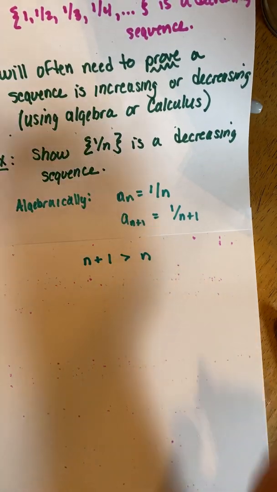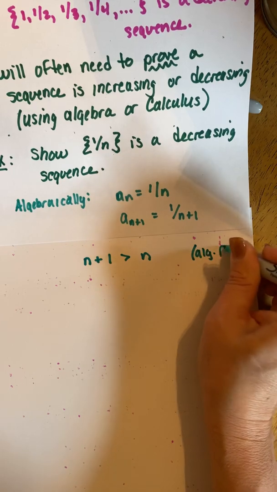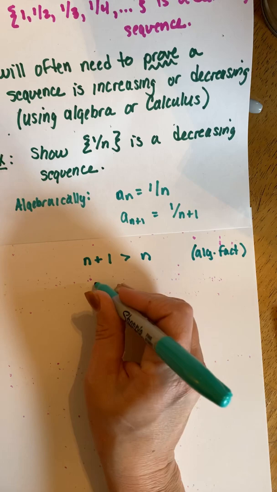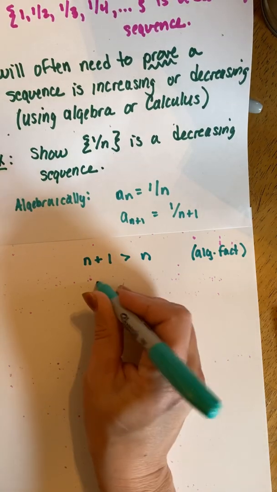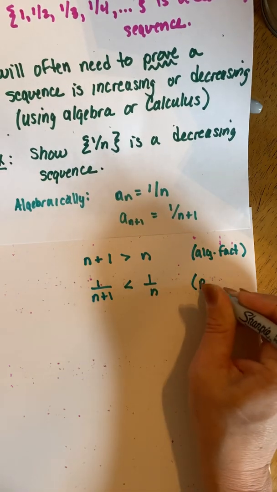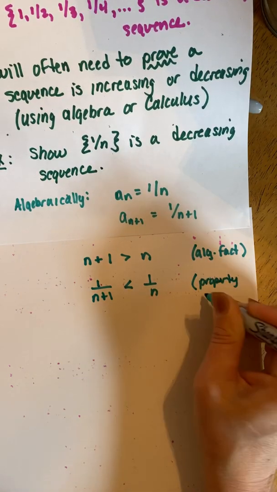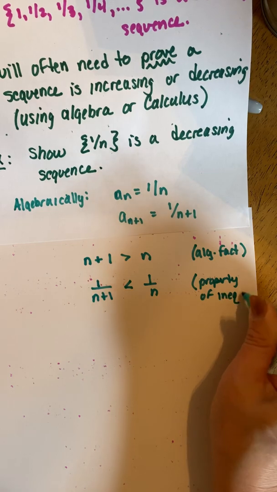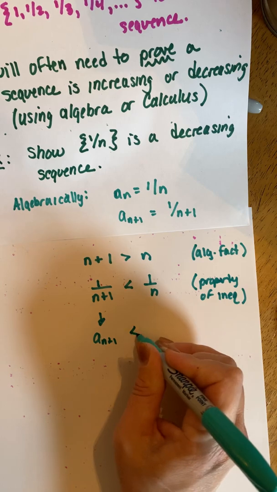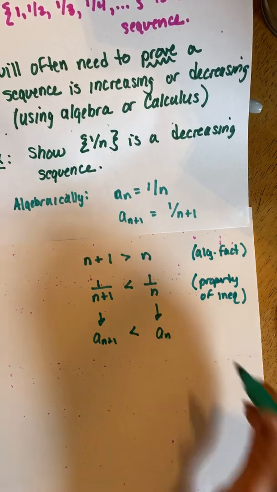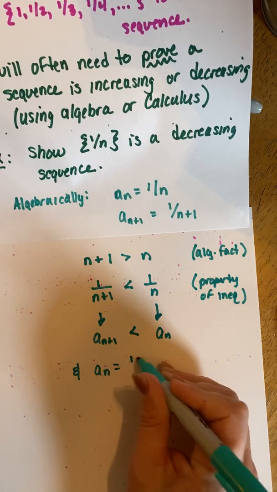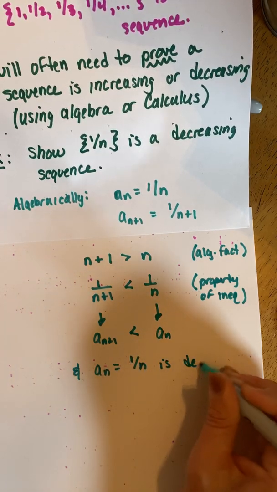This is just an algebraic fact. And then we also have our rules of inequalities, that if one number is bigger than another, and we take the reciprocals, the inequality flips. So therefore, the (n+1)th term is less than the nth term, and a_n equals 1/n is decreasing.